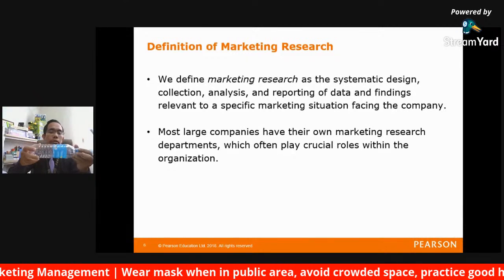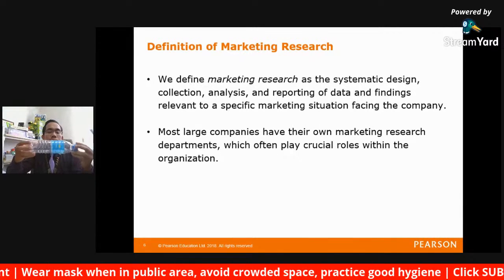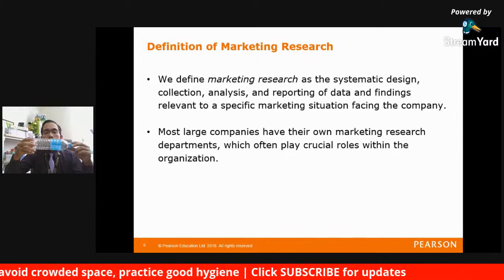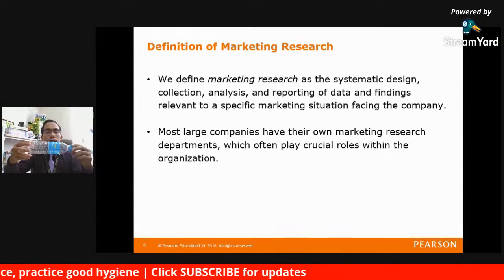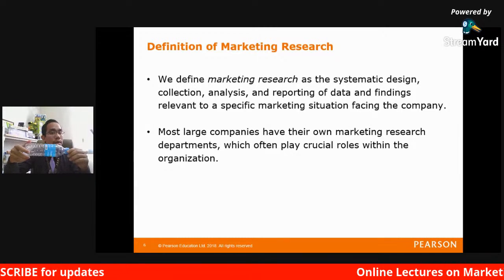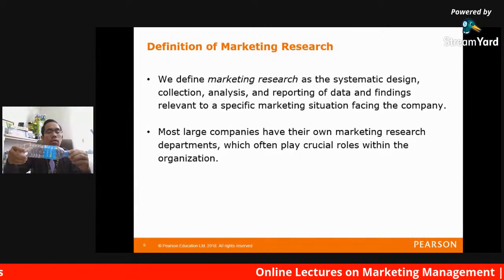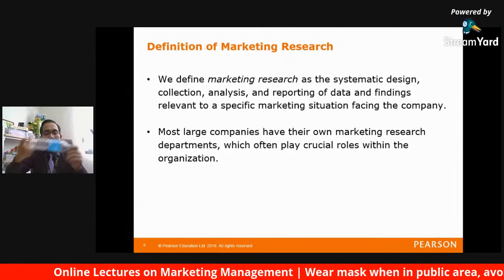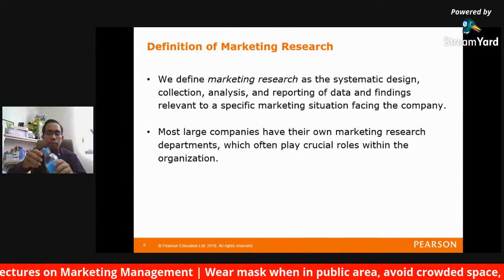Right now here is a mineral water bottle. It has gone from something sturdy to something that can be collapsed and easily sent to the center for recycling. I'm just showing an example.